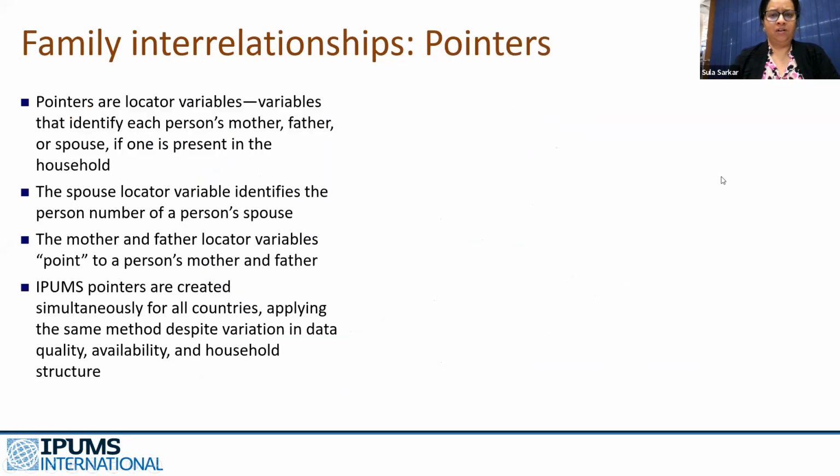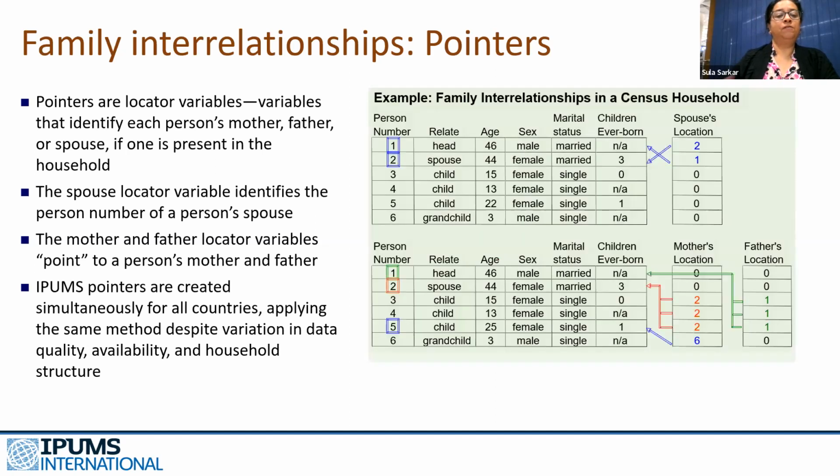There was a question on pointer variables like family interrelationship variables. So I cobbled this slide together to show that IPUMS, all the projects, they create pointer variables where you can locate the person's mother, father, or spouse if one is present in the household. The census data sets do that, but some of the other data sets will also have pointer variables.